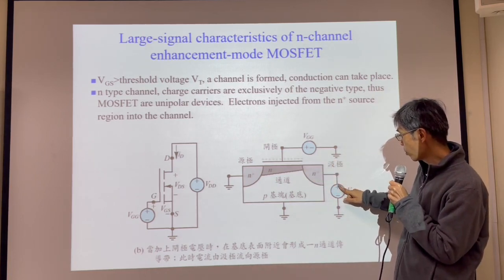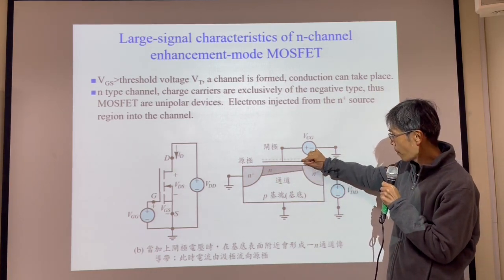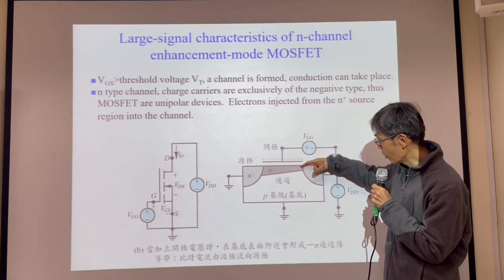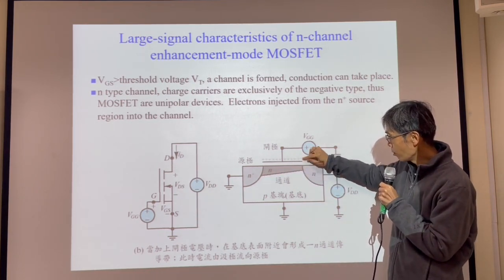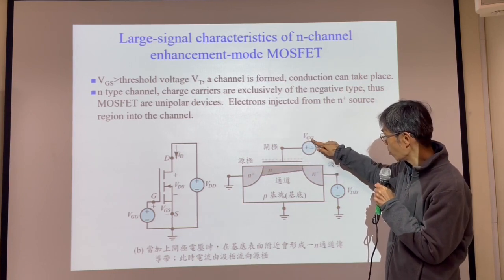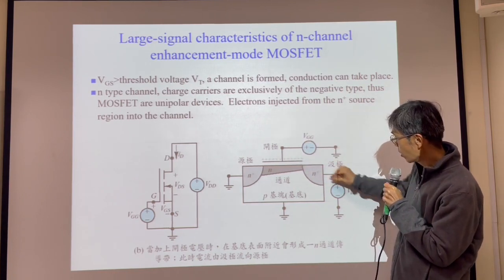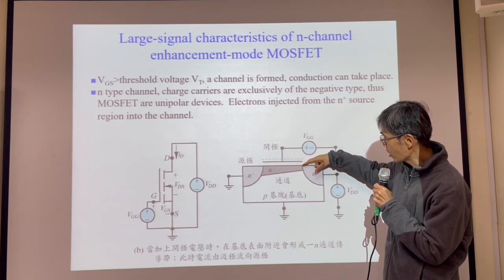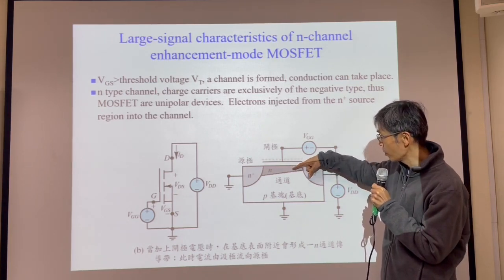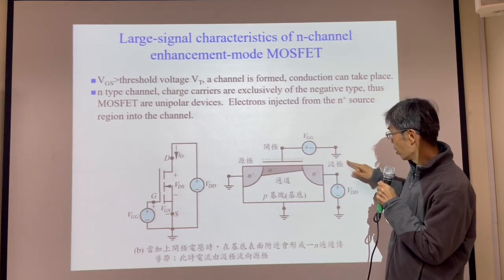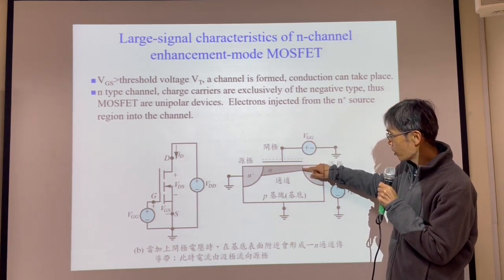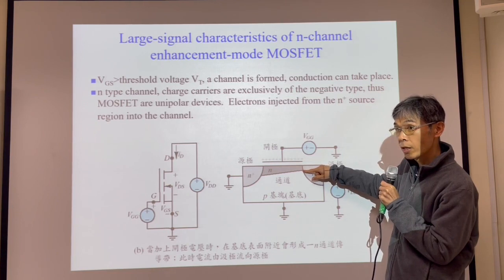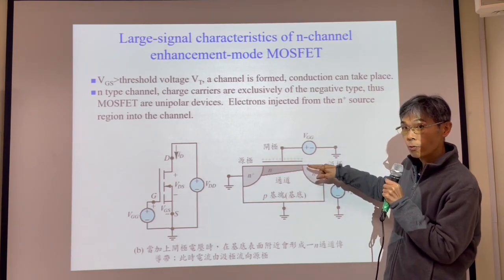If the positive here is equal to VDD, there's no electron. It will become cutoff. But if VDD is smaller than VGG, we have some electric field here. Okay? Do you follow me?